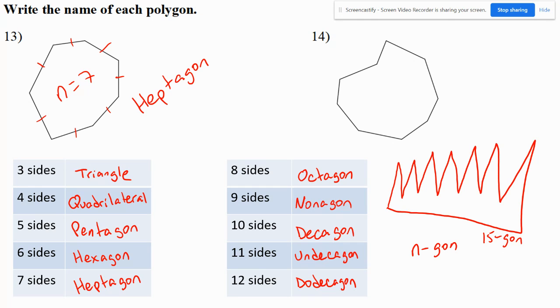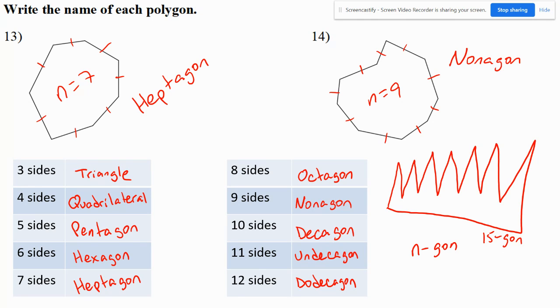It has 7 sides. Looking at question number 14, I'm going to count it. Let's see, there's 1, 2, 3, 4, 5, 6, 7, 8, and 9. So I know it has 9 sides. I'm going to call this a nonagon. So depending on how many sides, I'm going to give the name to it.